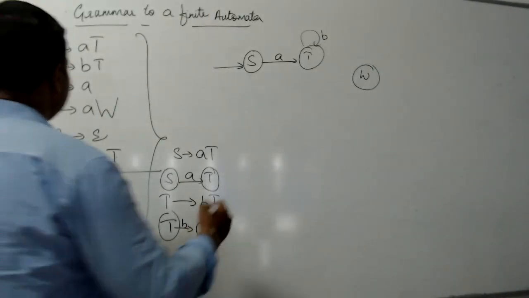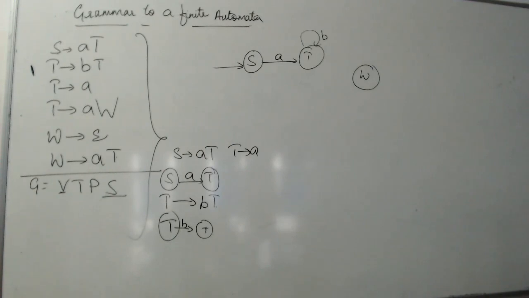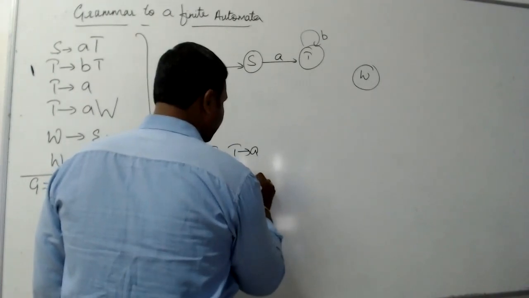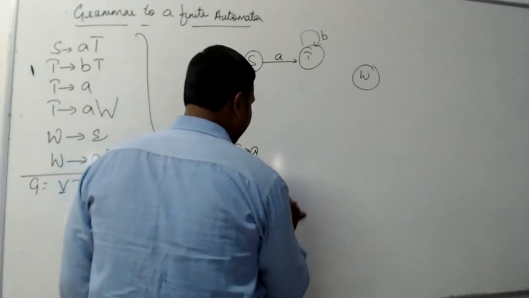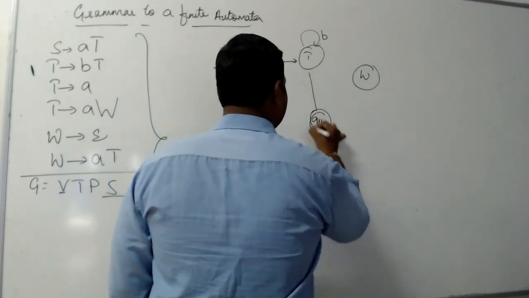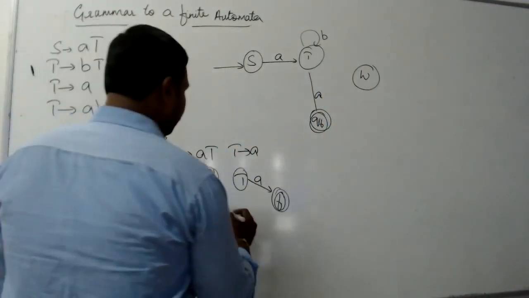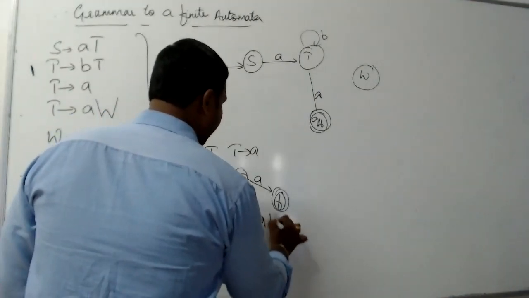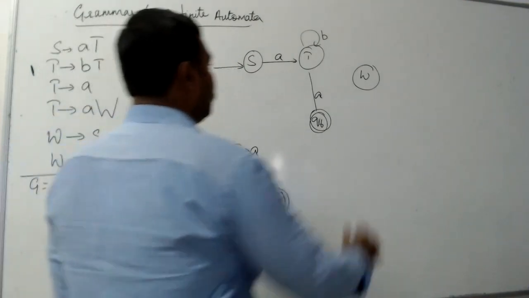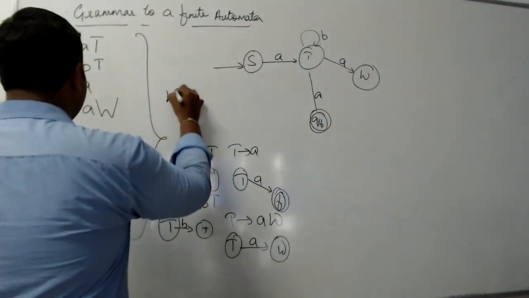Next, T tends to A. So for the T tends to A production, T state upon A will move to a final state, right? So I'll take one more final state here, Qm. Next, T tends to AW, so T upon A will move on to W. Next, W tends to epsilon.